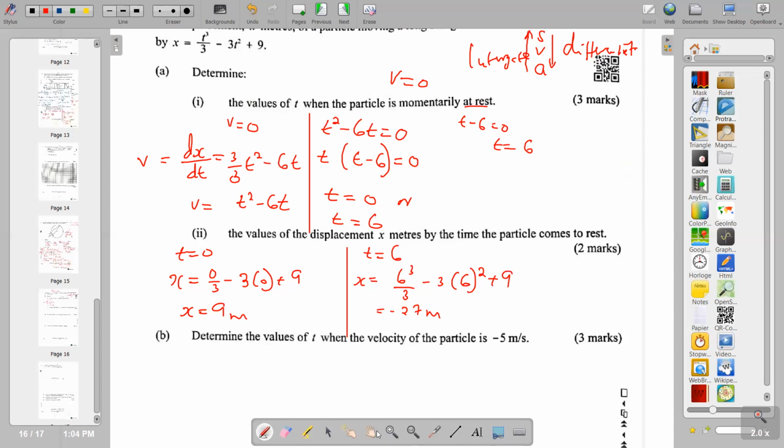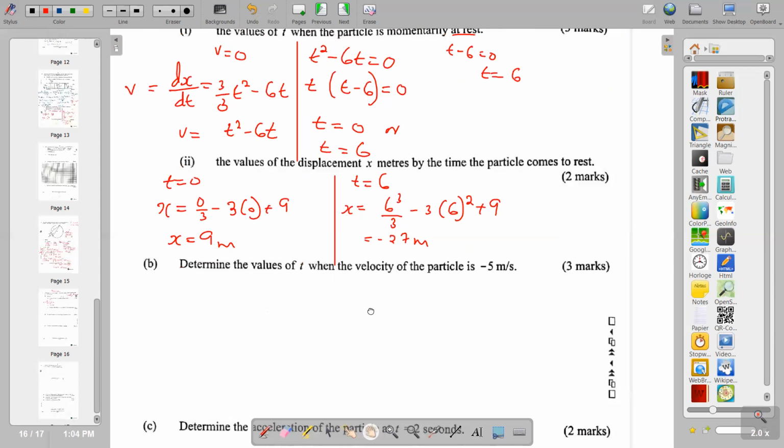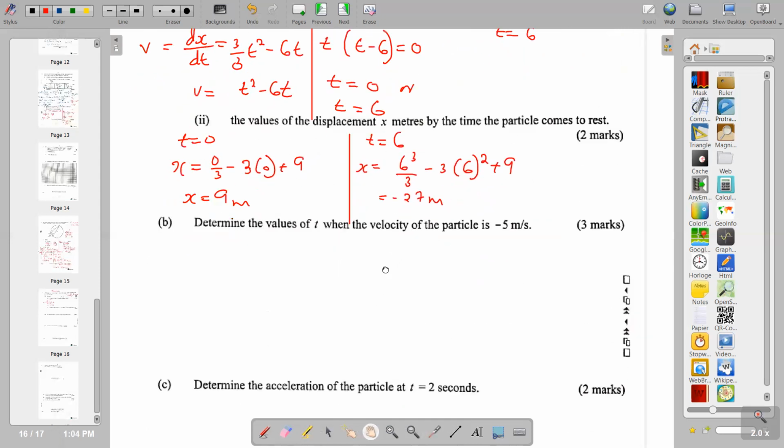Determine the value of t when the velocity of the particle is negative 5 meters per second. So you have v is equal to t squared minus 6t.